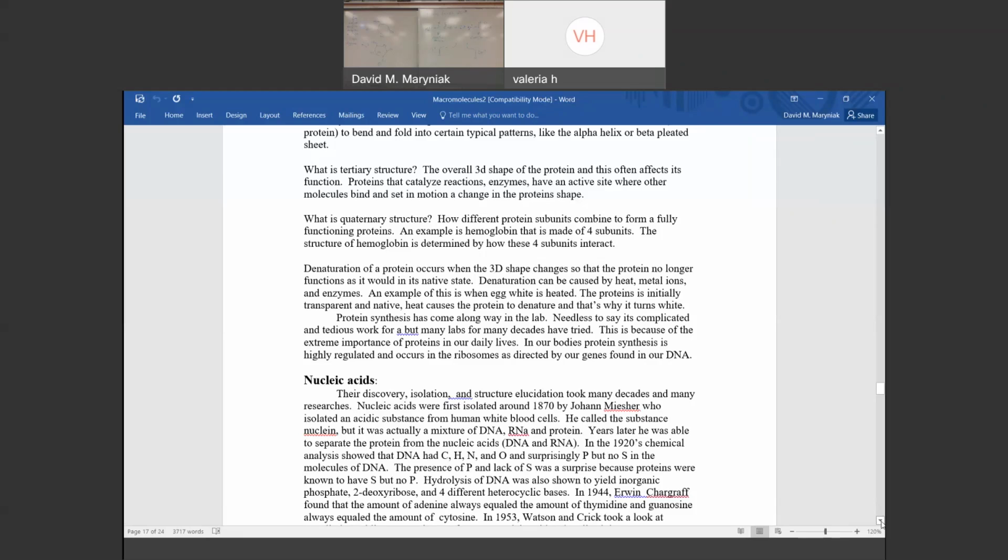I'm going to kill the projector, then I think we'll be able to hear Valeria's question. Right now, it's trying to use this. So is all this going to be in the test?